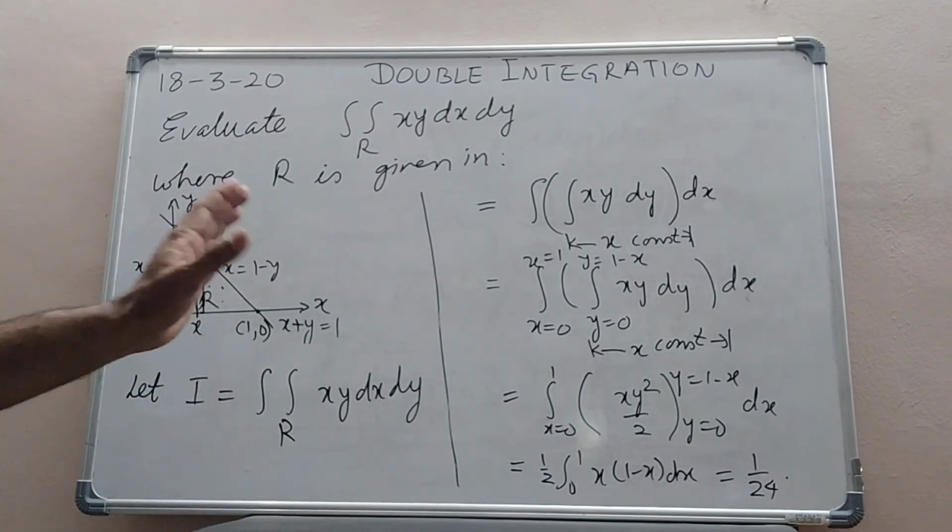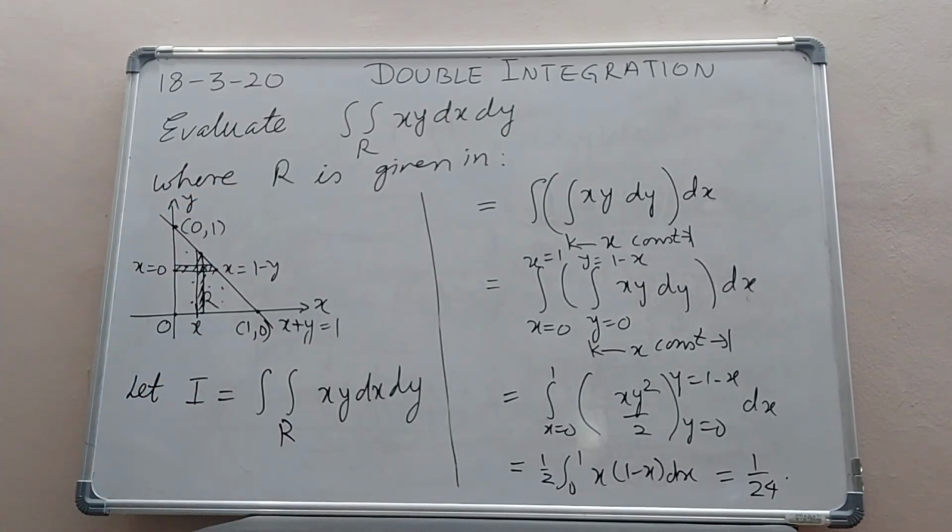All right, so I hope you have understood this particular example. I will just make a few remarks. The first one is that the order of integration is not important, provided your function is nice enough.